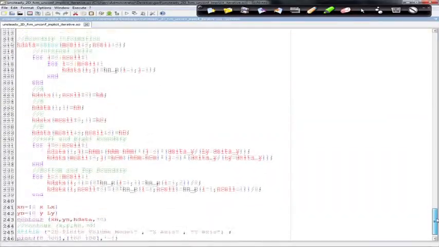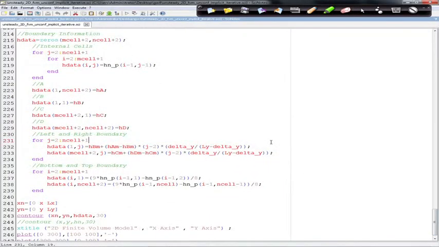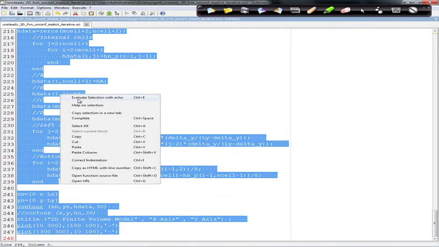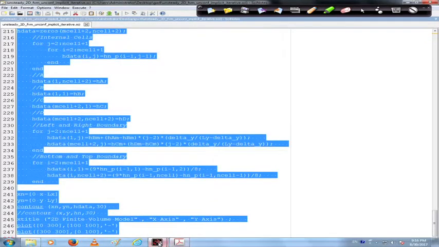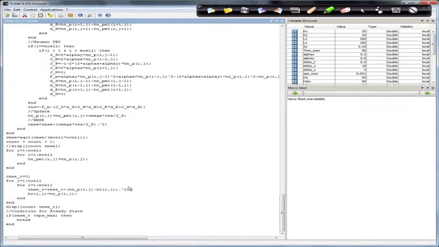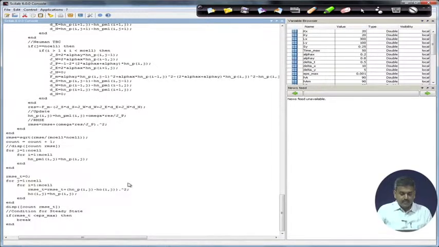Now, if we run this code, it will take some time, because in this case we need a certain number of iterations for each space loop convergence.